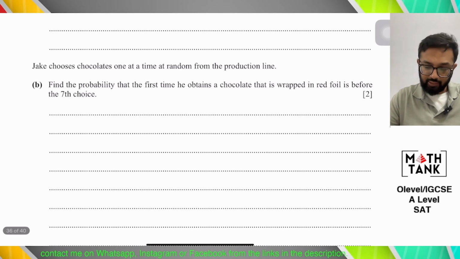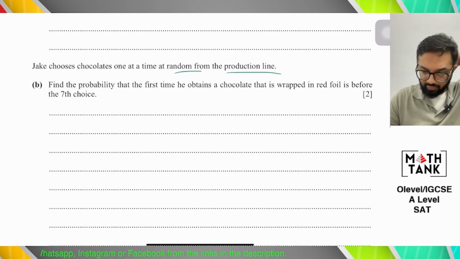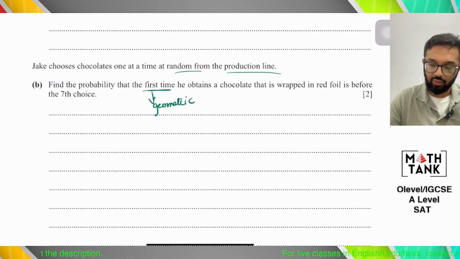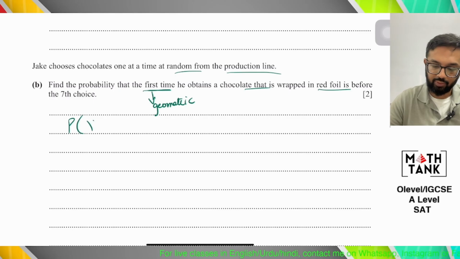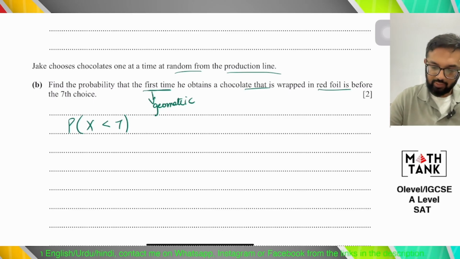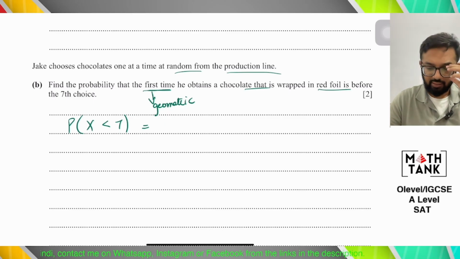Jake chooses chocolates at random, one at a time, from the production line. Find the probability that the first time he obtains a chocolate that is wrapped in red foil is before the seventh choice. So this tells me this is now a geometric distribution. So I want to find the probability of x less than or equal to 7.